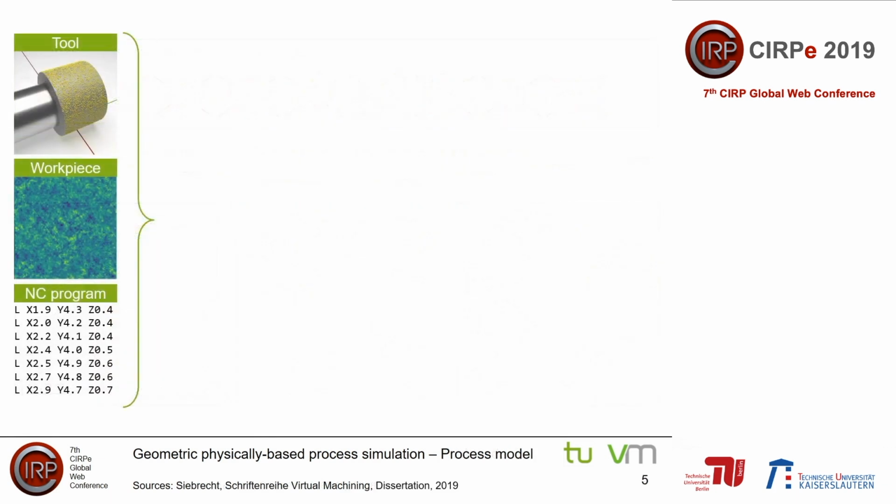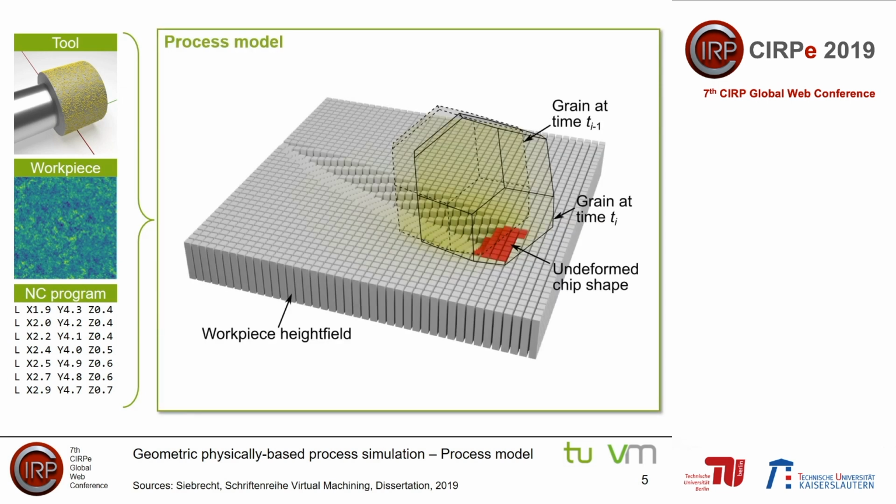Based on the described tool model, the initial workpiece surface, and the NC program, the grinding process was simulated by modeling the workpiece as a height field. In time-discrete simulation steps, each individual grain was intersected with this workpiece height field.